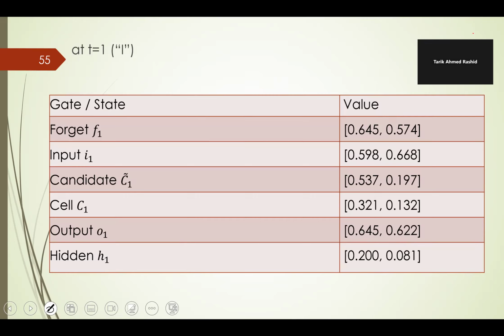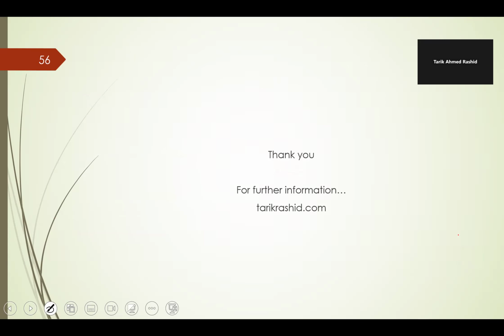We found the forget gate for it, the results. We found the input gate, the candidate memory, C1, and the output and hidden state. So stay tuned for the second word, which is like. We have I like Rojava, and so far we did only I. Thank you.